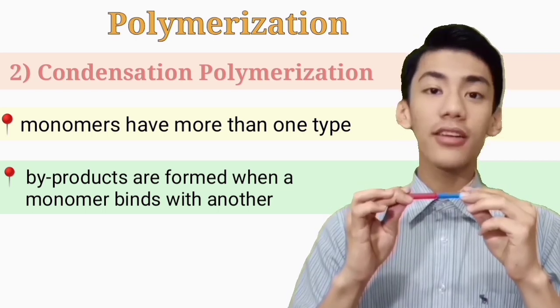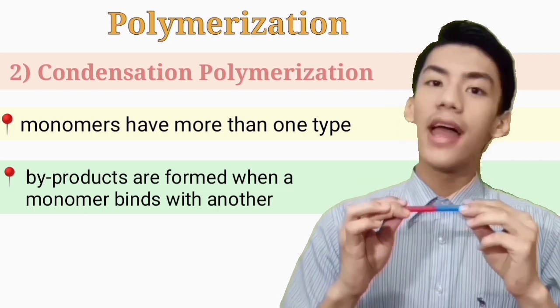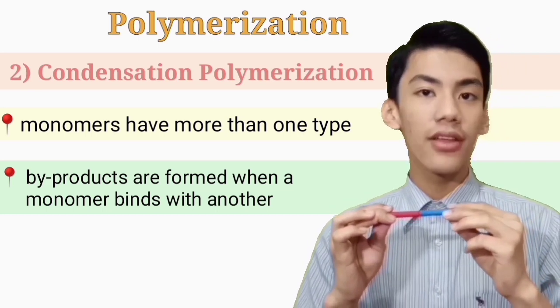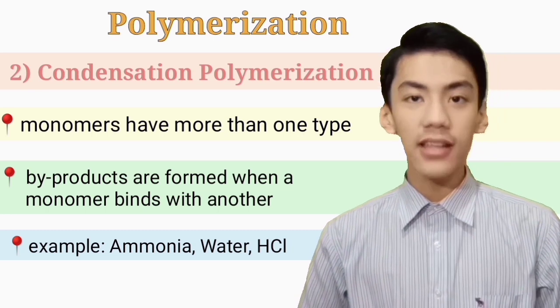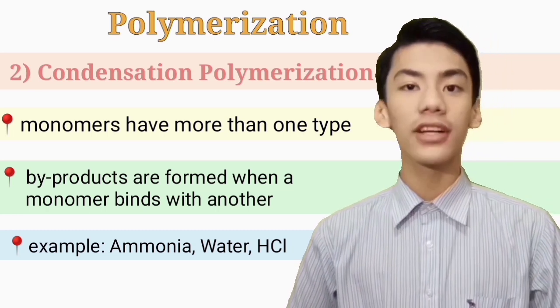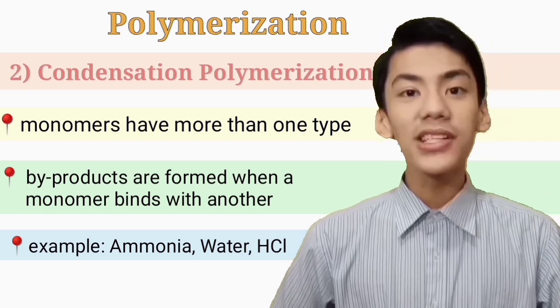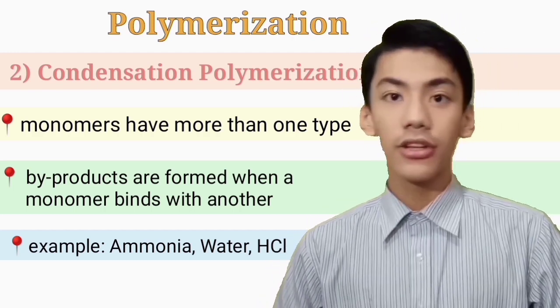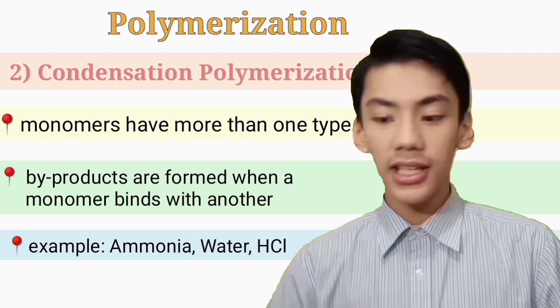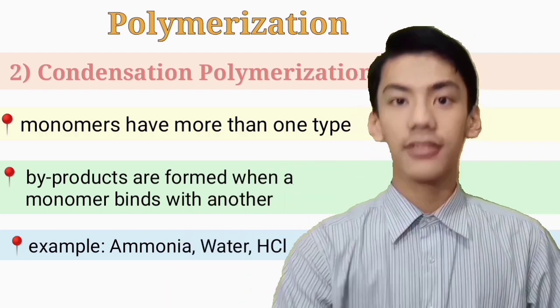This is similar to condensation polymerization. Every time a monomer binds with another, a byproduct would be formed, which is usually ammonia, water, or hydrochloric acid. Examples of polymers formed by this process include your DNA, your hair, polypeptides of protein, polyester, and others.